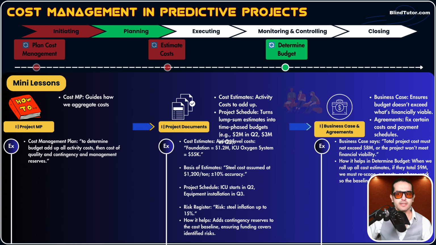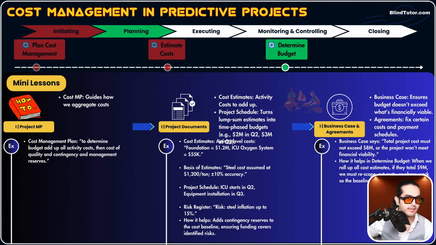And agreements, guys, the contracts. For example, a signed vendor contract states that the MRI machine will cost 1.2 million, payable 50% at signing and 50% upon delivery in Q3. This statement is mentioned in one of the agreements, one of the contracts.